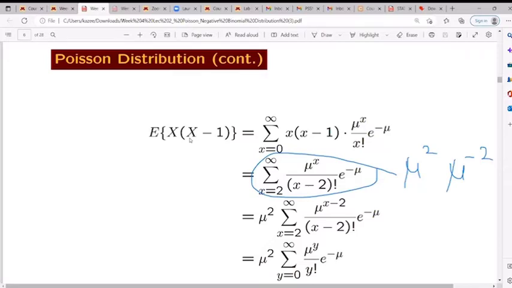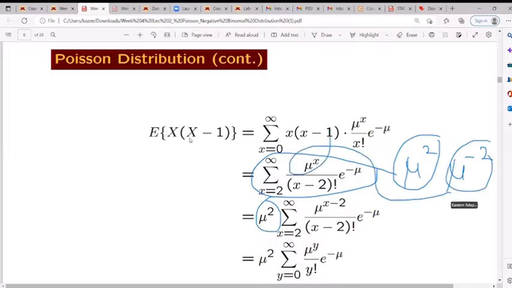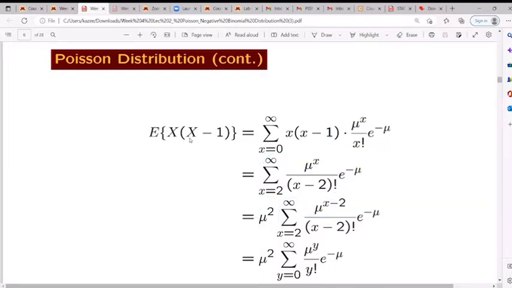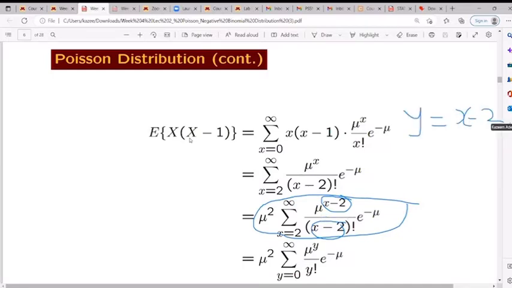The mu squared, I'm going to bring outside the summation sign, and this one I'm going to combine with that, which automatically gives me this. I believe everybody now sees how we arrive at this. Now the power of mu is the same as what is being divided by, x minus 2 here and x minus 2 here, and we can plug in y. We can say y equals x minus 2.